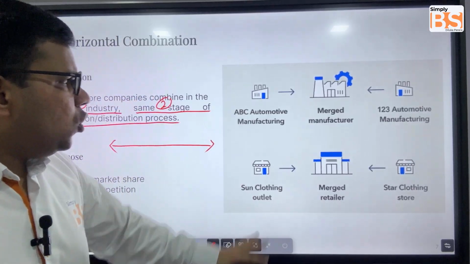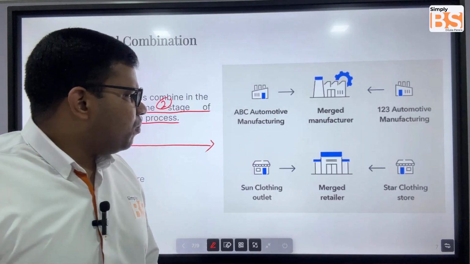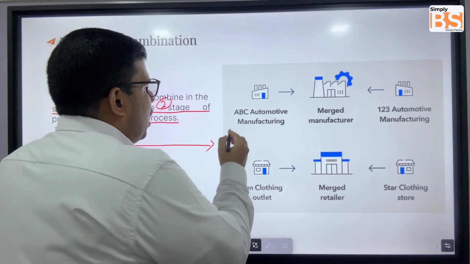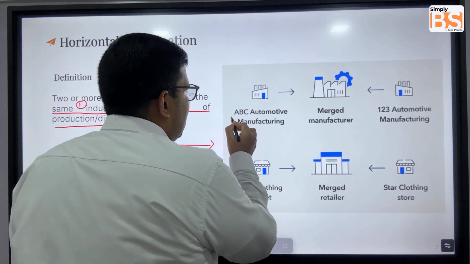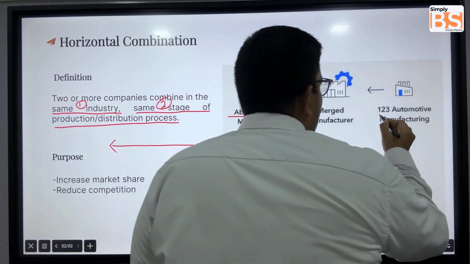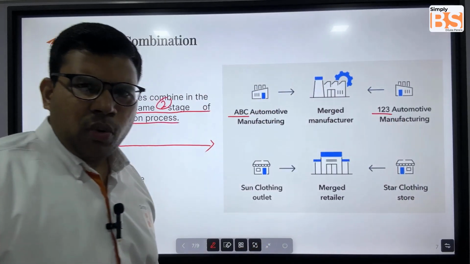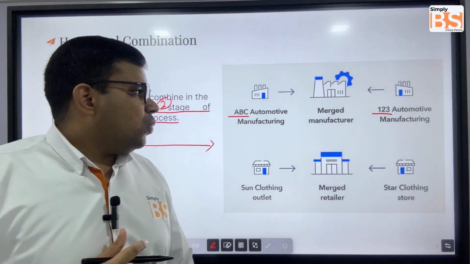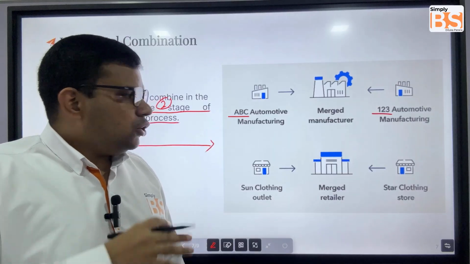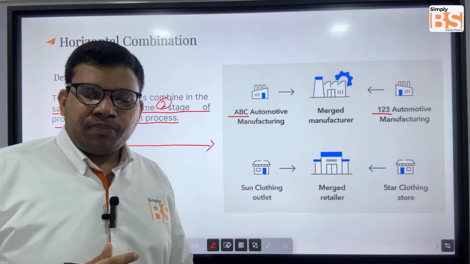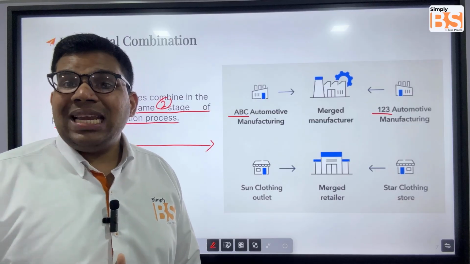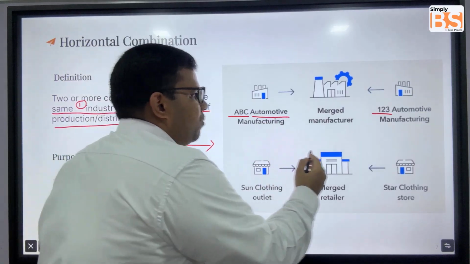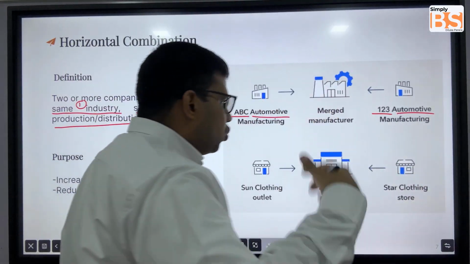In the first example, there are two companies, ABC company and 123 company. The similarity of these two companies is that they are from the automobile industry, or automotive industry.